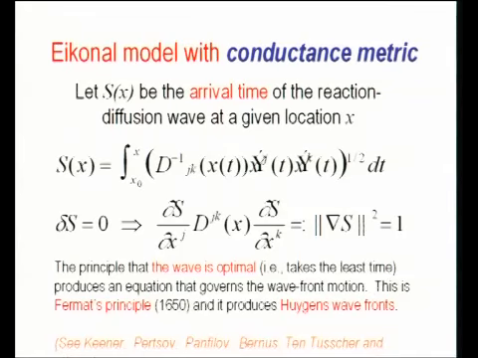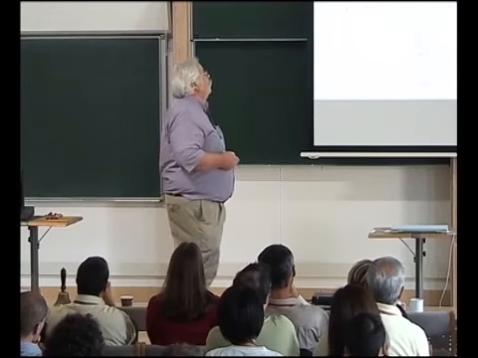And it fits directly into the model that Sasha showed, where if you let S of x be the arrival time for the reaction diffusion wave at a given location x, the critical principle for this form of the arrival time, which is just the time it takes to get there using the inverse of the conduction tensor as a metric, gives an equation which is called the eikonal equation, and the time-dependent version of that equation is the Hamilton-Jacobi equation.